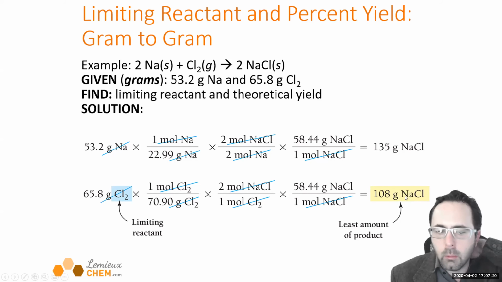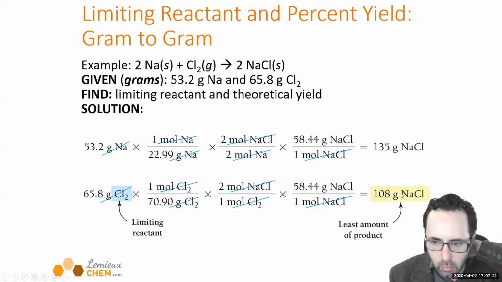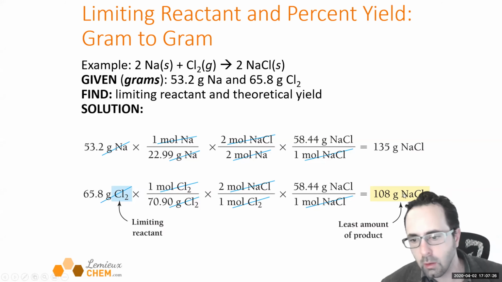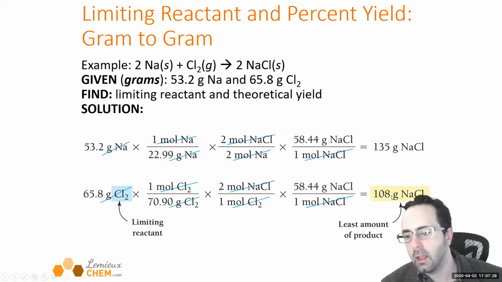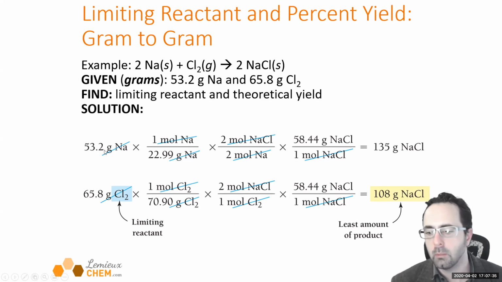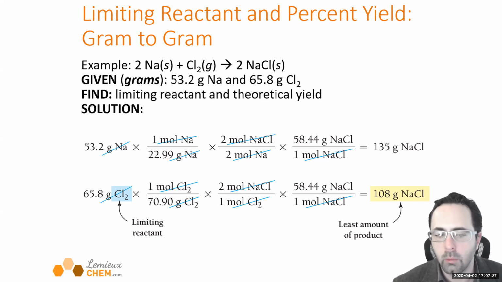So we can tell, because the chlorine is able to make less of the product, it is the one that ran out first. When the chlorine runs out, we will have made 108 grams of sodium chloride and no more can be made. There will be some sodium left over, but it won't be able to react because there'll be no chlorine to react with it. So we say that chlorine here is the limiting reactant.